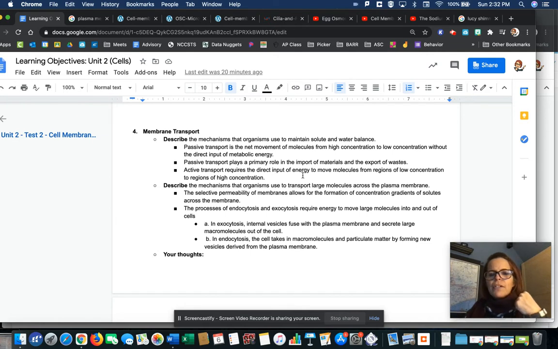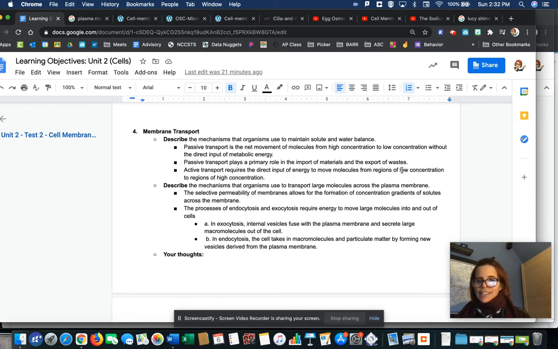Active transport requires the direct input of energy for molecules to move from low to high. So pushing that sled up the hill requires lots of energy. Let's say on the inside you don't want many hydrogen ions, and on the outside you do want lots of hydrogen ions.